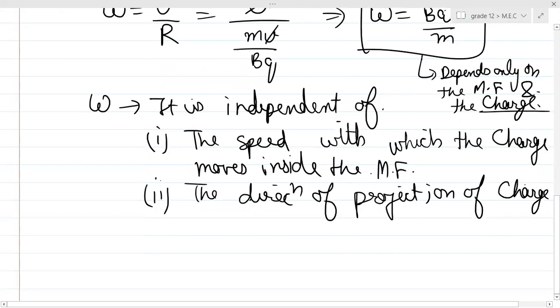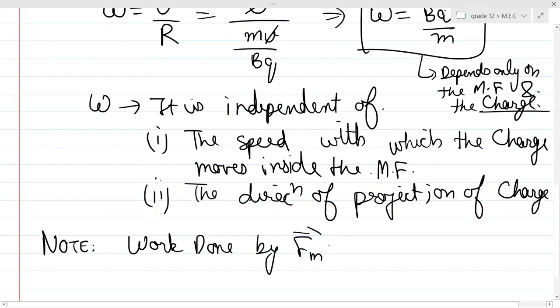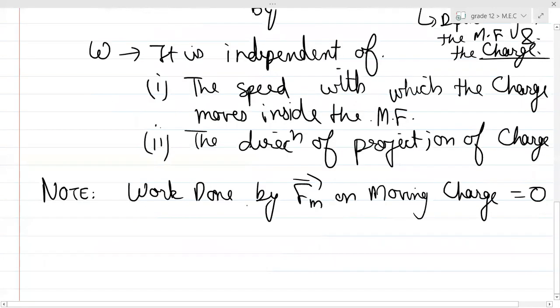Is this clear? Note, if someone asks you the work done by magnetic force on the moving charge, what is the work done? It will be zero. Why will the work done be zero?